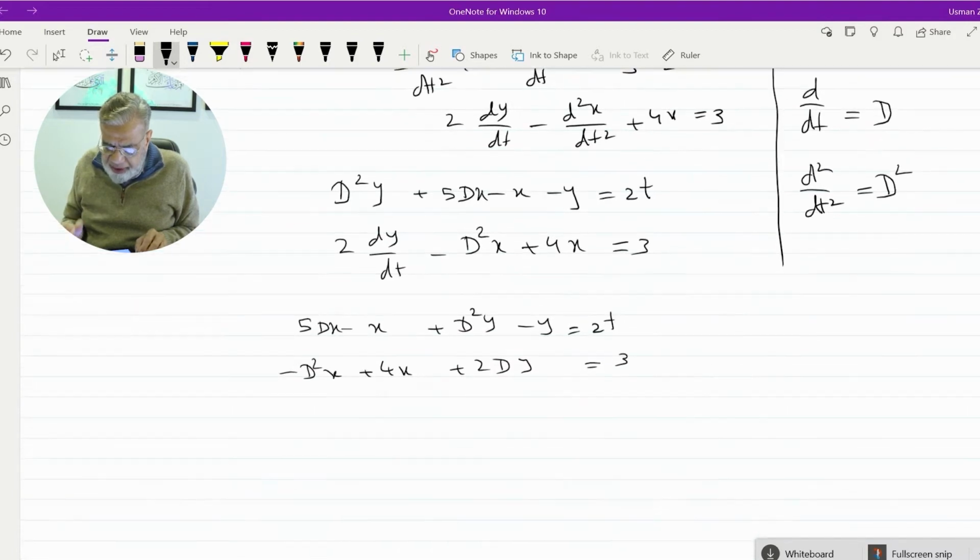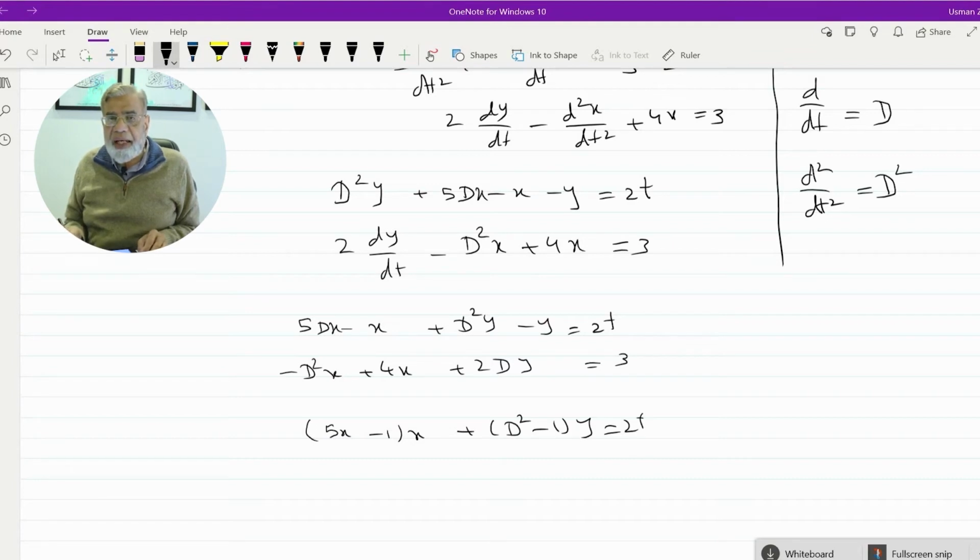I can take x common. I get (5D minus 1)x plus, taking y common, (D square minus 1)y is equal to 2t. Similarly, I can take x common in the second equation. I get (4 minus D square)x plus 2Dy is equal to 3.